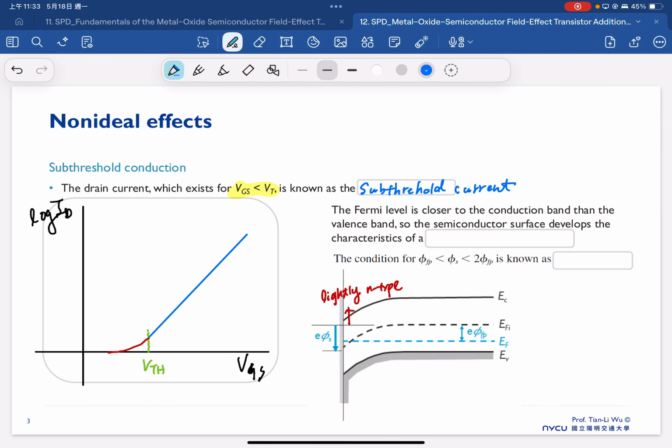So the semiconductor surface has developed the characteristic of a lightly doped n-type.